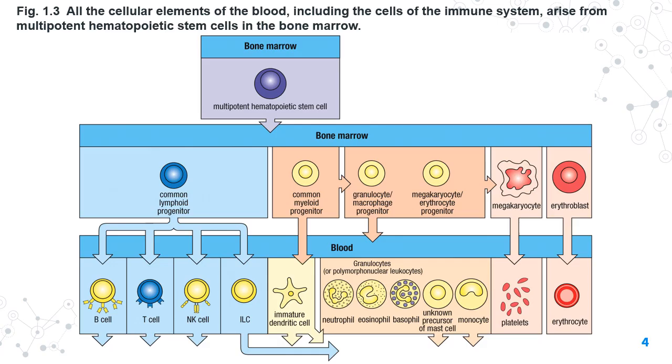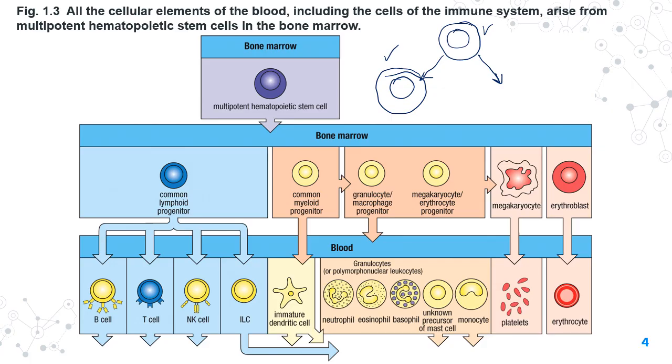So when it divides, here you have your potent stem cell. When it divides, it's going to give two daughter cells. One of the daughter cells is going to be just like the parent cell. It's going to keep on being a stem cell.